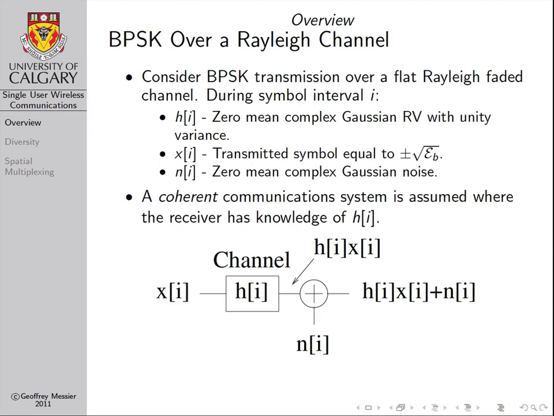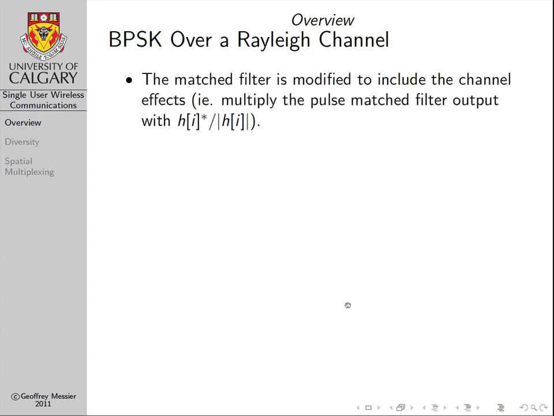In this particular case, because the channel is flat, the channel distortion is just the multiplication by the term h. And so all we need to do is add the effect of that h multiplication to our receiver to make our match filtering operation complete. Now to add some details to that, we'll go to the next slide.